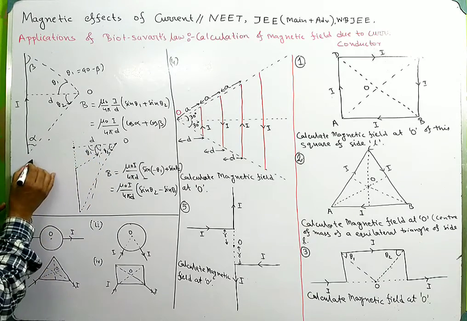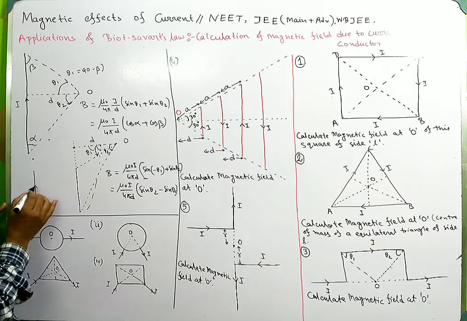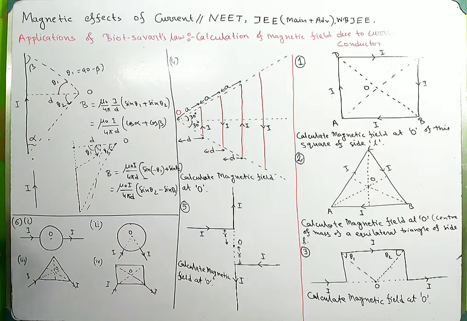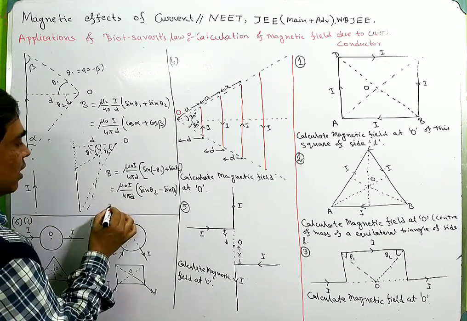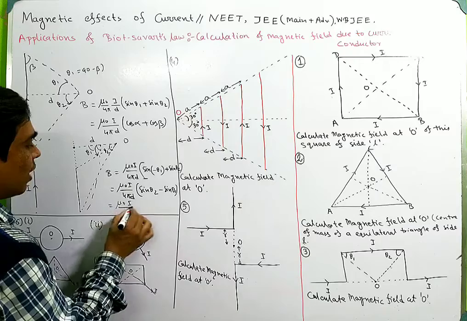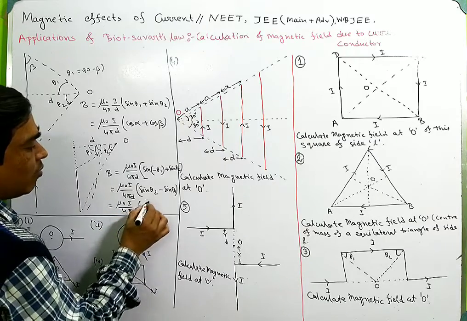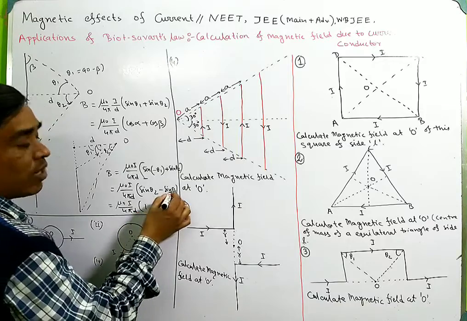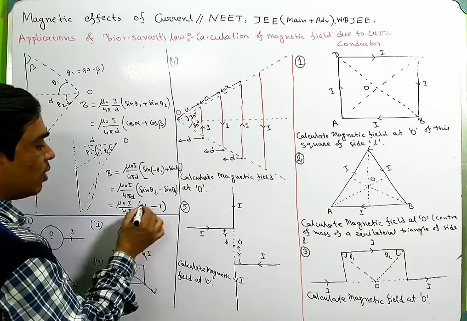So if you want to calculate the magnetic field from a wire along the direction of the wire, at this point or at this point, the magnetic field will be mu 0 I by 4 pi d, and here it will be sine 90 degrees, which is 1, and this also is sine 90 degrees. So it is 1 minus 1, which is 0.